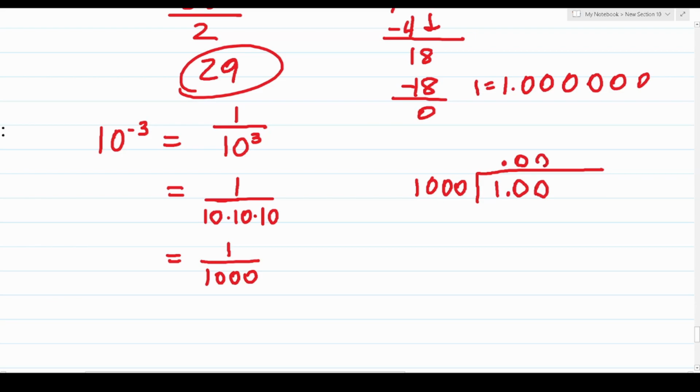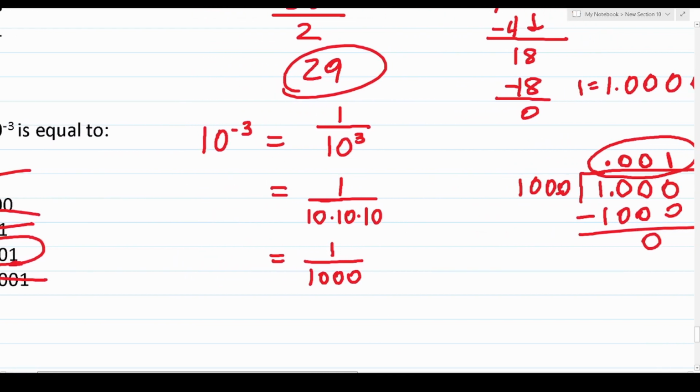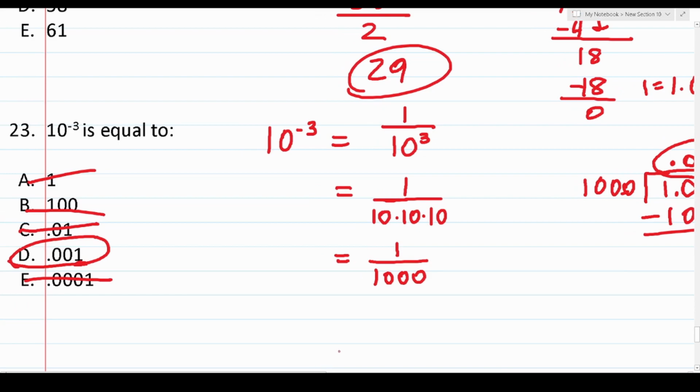It doesn't, so I have to bring another 0 up and another 0 placeholder. How many times does 1,000 go into 1,000? 1 time. 1,000 times 1 is 1,000, and 1,000 minus 1,000 is 0. So this is the equivalent of 1 over 1,000, which we quickly identified was D.